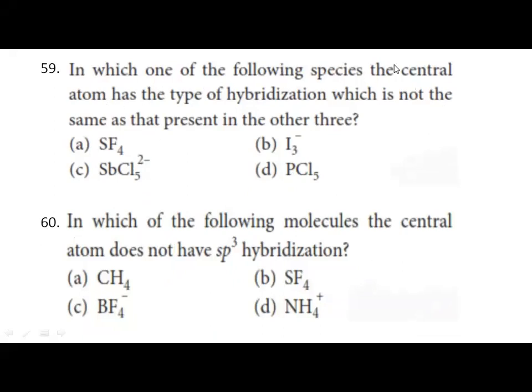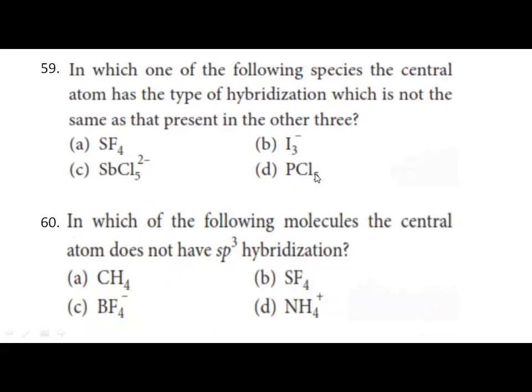In which of the following species does the central atom have a type of hybridization that is not the same as that in the other three? The options are SF4, I3-, SbCl5 2-, and PCl5.